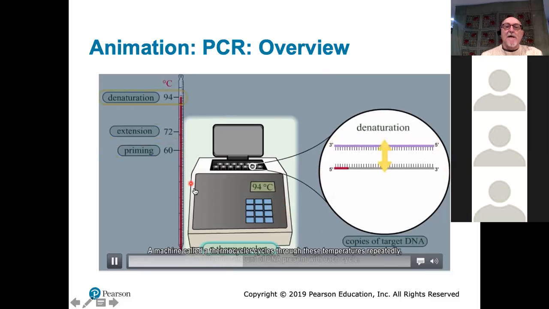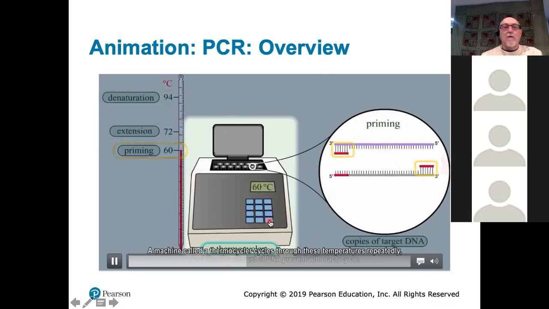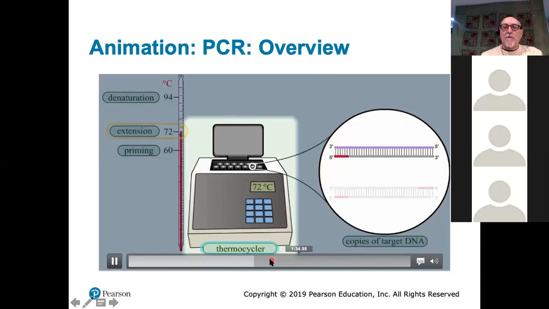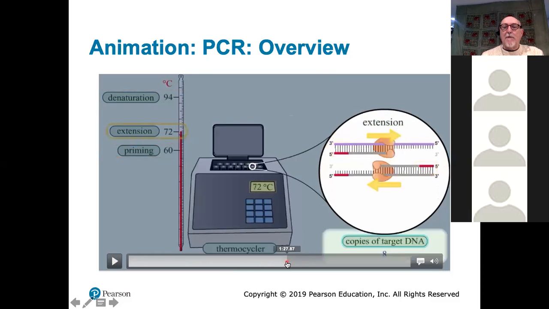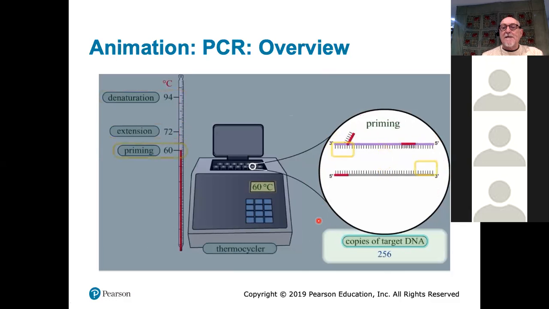So this is the thermal cycler. This is typical, exactly what it looks like. You can watch here as it cycles. You can see the number of copies of the DNA rising, doubling each time.